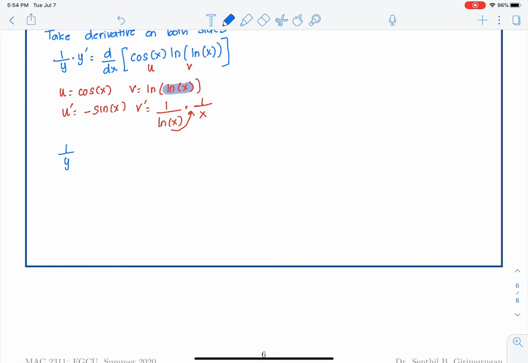So 1 over y times y prime equals u v prime plus v u prime. u is cosine x, v prime is 1 over x times ln of x, v is ln of x, u prime is negative sine x.